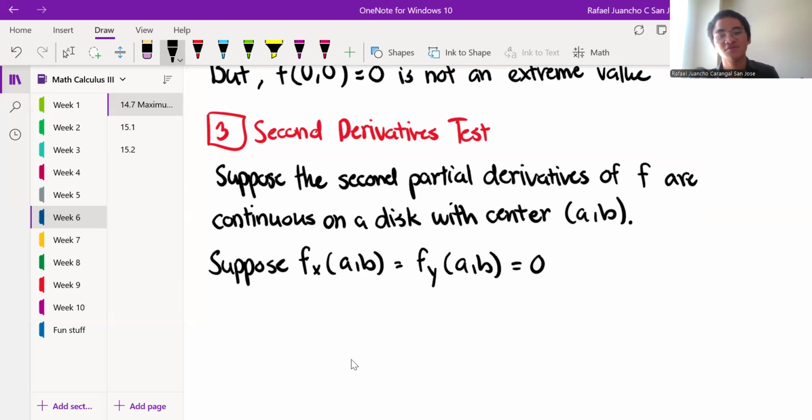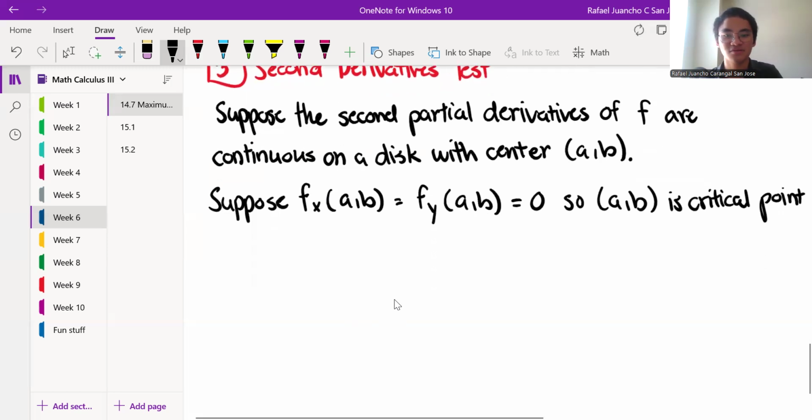So now we've determined that's a critical point. If we find that they're equal to 0, that's a critical point.